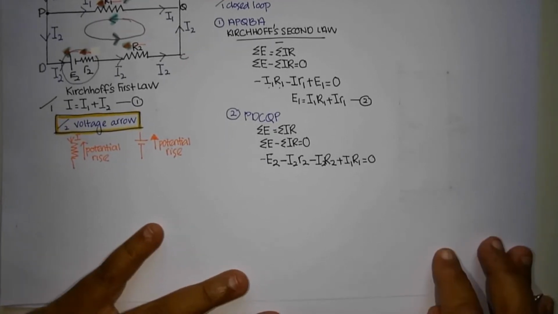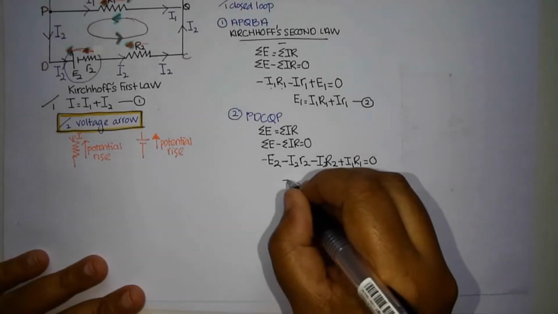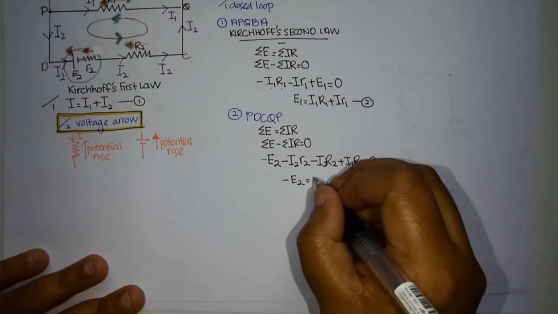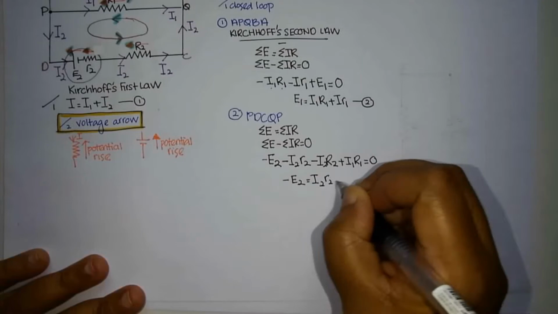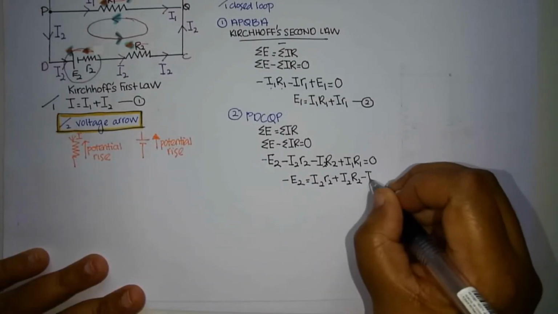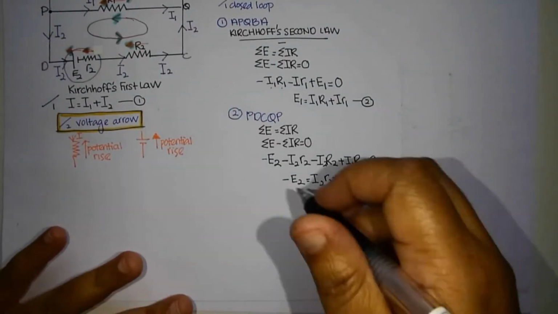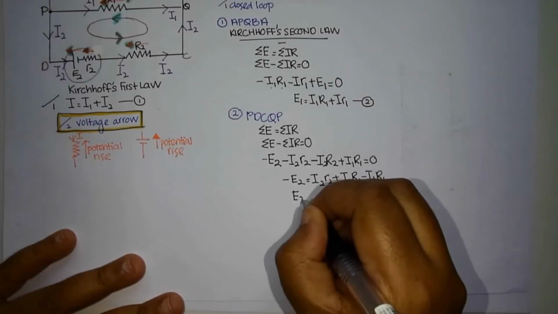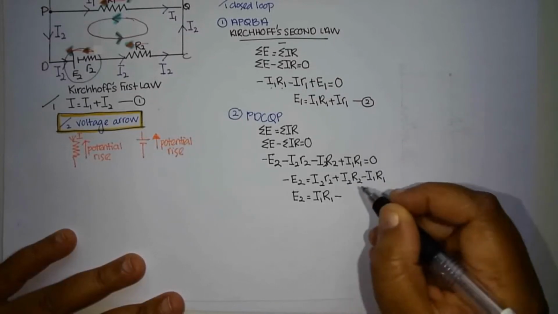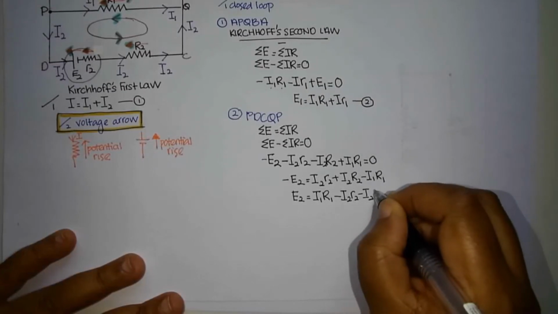Alright, so what do I do now? I bring negative E2, and whatever is positive, to the other side: I2 R2 plus I2 R2 minus I1 R1. I don't want to leave my negative there, so I multiply by negative. So I get E2 equals I1 R1 minus I2 R2 minus I2 R2.